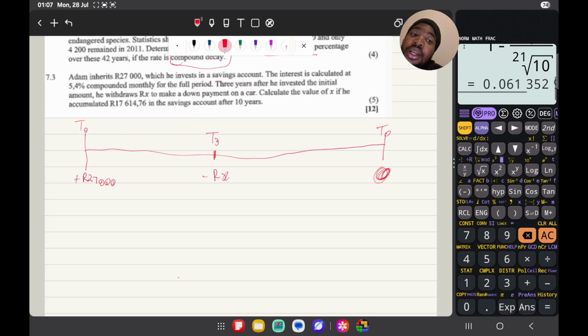From that total we subtracted X, and the amount that was left in the account stayed there for the remaining 7 years to end up accumulating this much. So that's where the logic is coming from. So let's start.